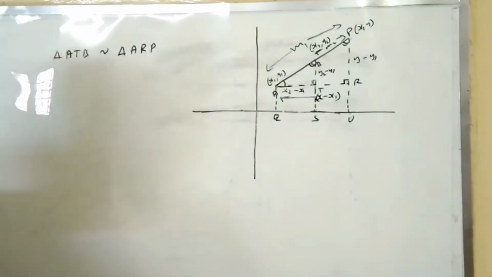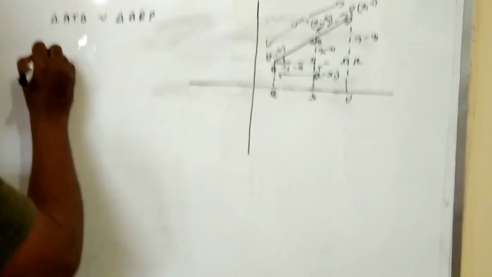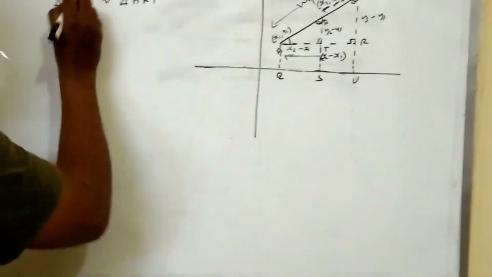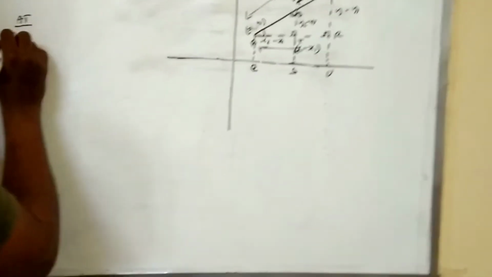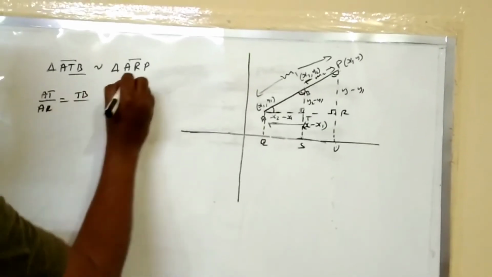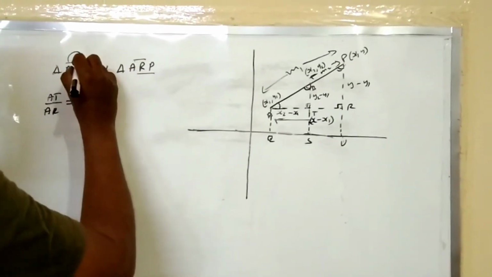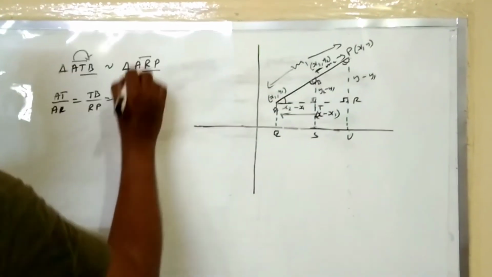Now apply what is the similar property? Proportion. AT by AR is equal to TB by RB is equal to AB by AP.